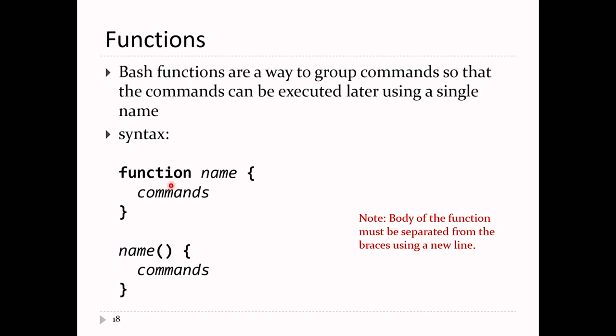The first syntax is the keyword function, followed by the name of the function, followed by a space, the space is important, followed by a brace, and then the body of the function. Alternatively, you can use this syntax: the name of the function followed by a pair of round brackets, followed by a space, followed by the brace, and then the body of the function.